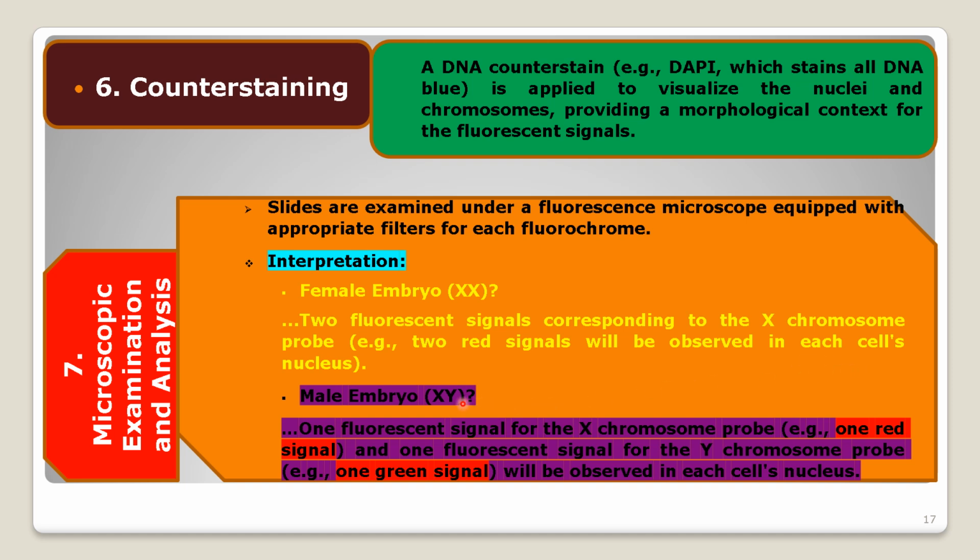It is male when only one fluorescent signal for the X chromosome probe, e.g., one red signal, and then one fluorescent signal for the Y chromosome probe, e.g., one green signal, are seen. So we can see that when the embryo is female, the signals will be the same color, and if it is male, the signals will be two different colors.